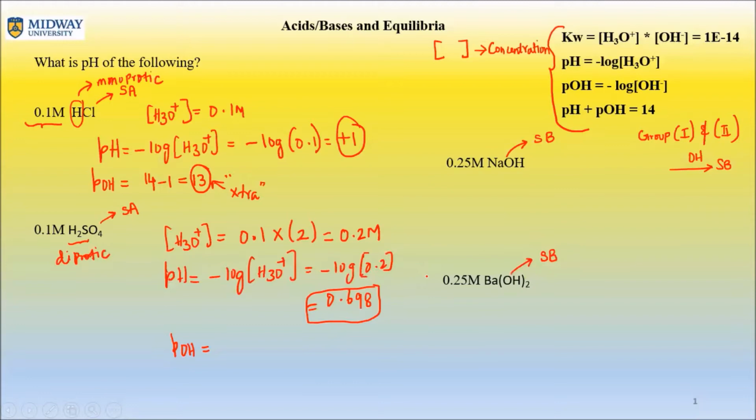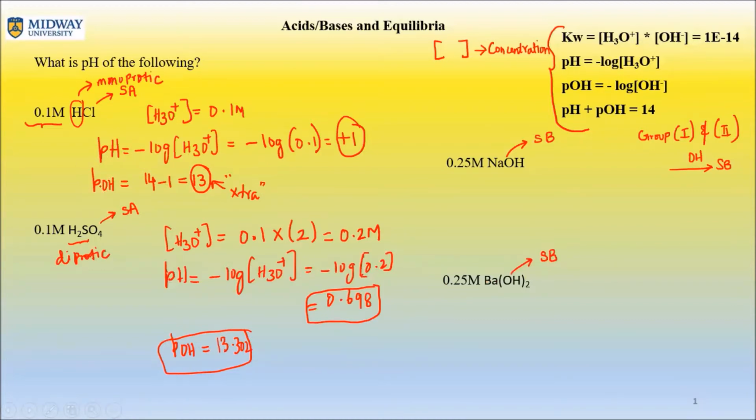Whatever that number is, 14 minus 0.698 is 13.302. All right, so as I said, if you're given an acid, you can only find pH first and then find pOH. That's easier.